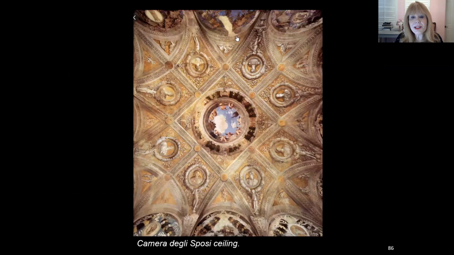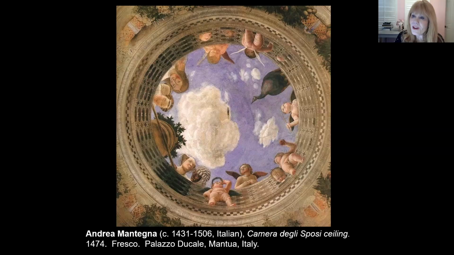And then on the ceiling, and again, this is all done in fresco, is an oculus where various members of the family are looking down to the newlyweds, perhaps in a congratulatory way, perhaps in a way as we see the peacock there, who's also a symbol of fertility, as if the painter in creating this image, probably influenced by the parents of the newlyweds, are saying, let's get to it for the grandchildren.